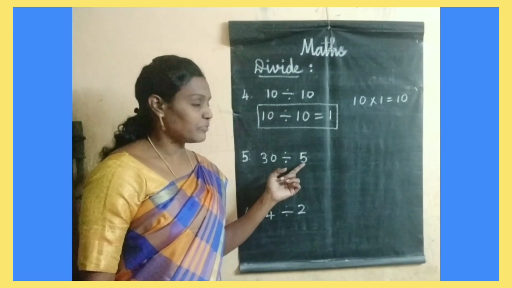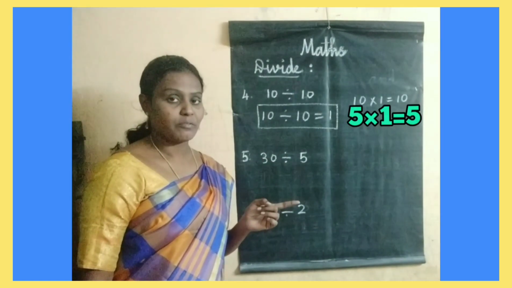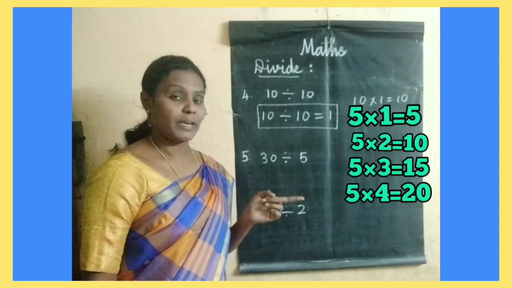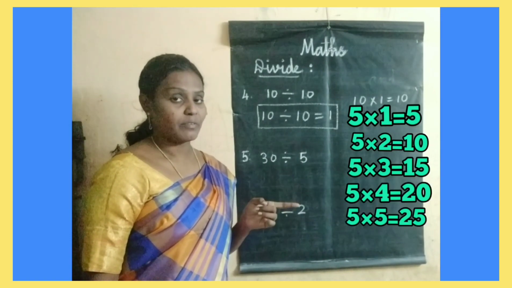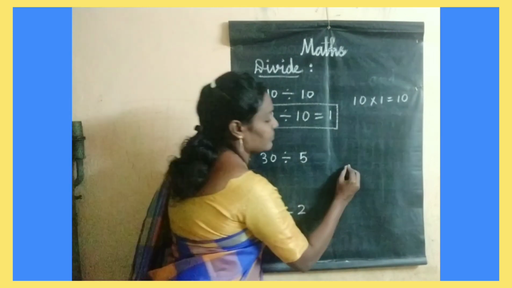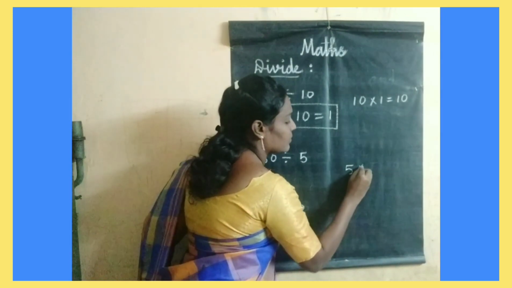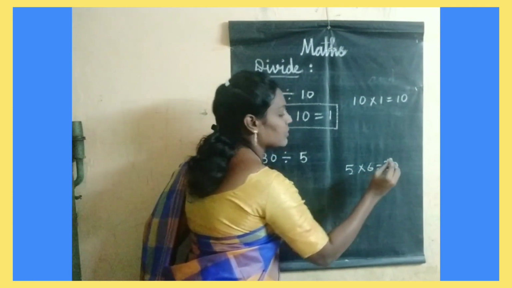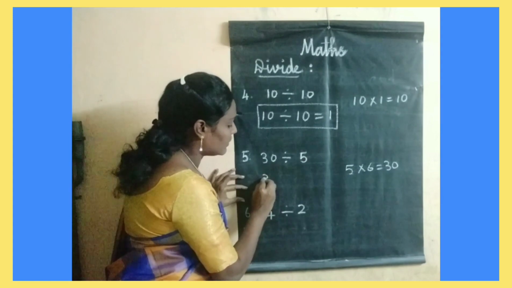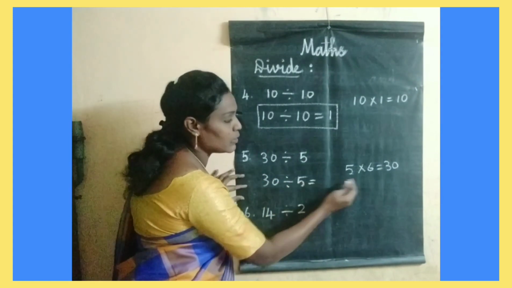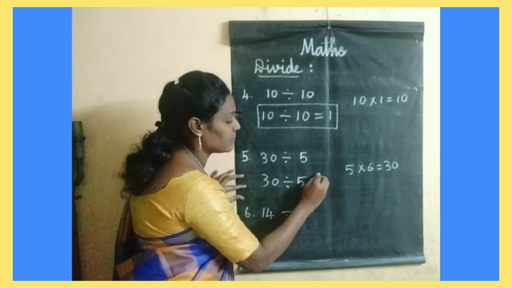Let's say the fifth table. 5 ones are 5, 5 twos are 10, 5 threes are 15, 5 fours are 20, 5 fives are 25, 5 sixes are 30. So 30 divided by 5 equal to 6.